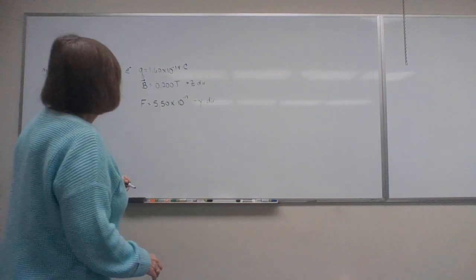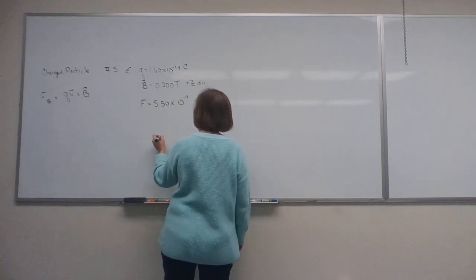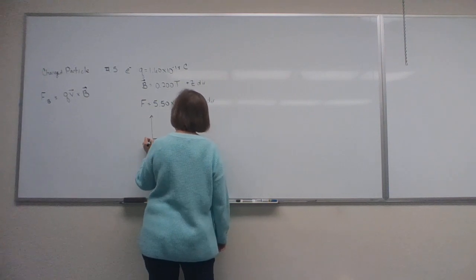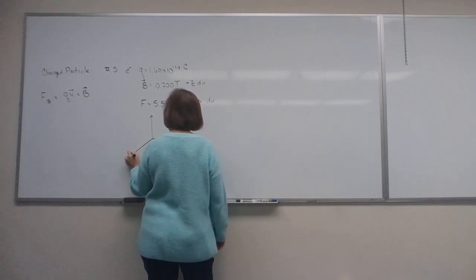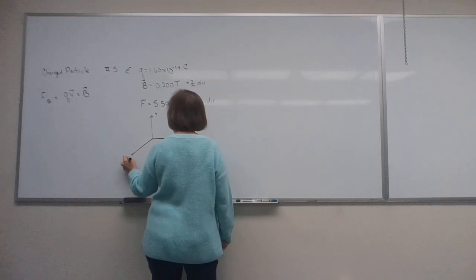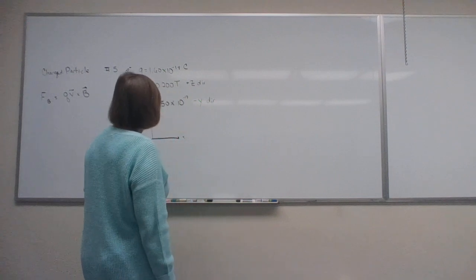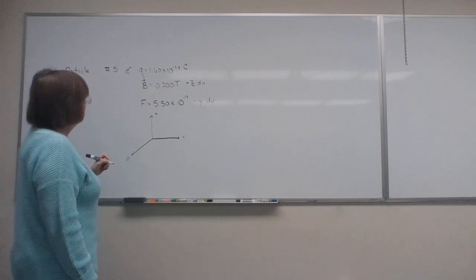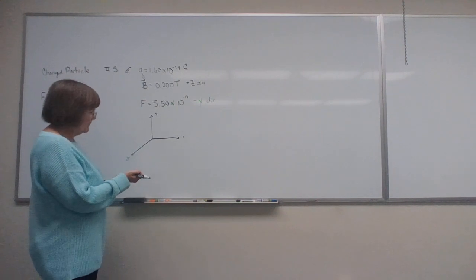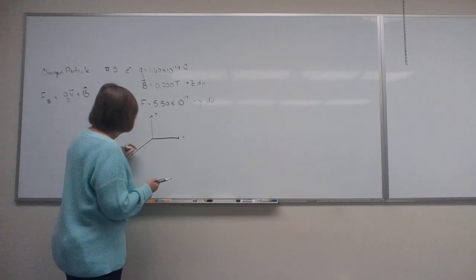Okay, so we've got this situation. It tells us that we've got X, Y, Z is out of the board. B points this way. It's along the x-axis. I'm just trying to get a feel for what's going on.